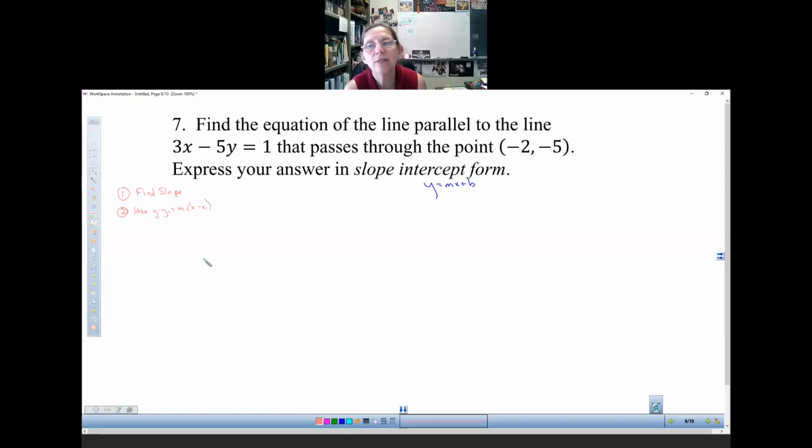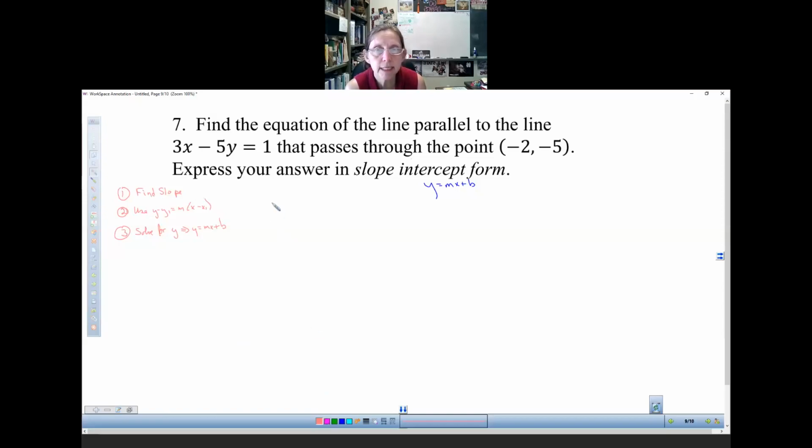And then finally, we're going to take that and solve it for y so that we get y is equal to mx plus b. So, a step-by-step process here, right? We'll start with step 1.